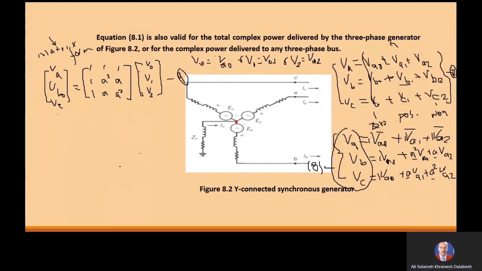Now, this matrix can be written in a compact matrix form, like this. V phase is a column vector, VA, VB, VC.